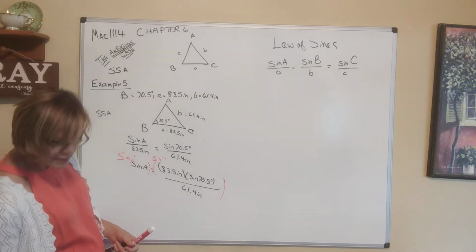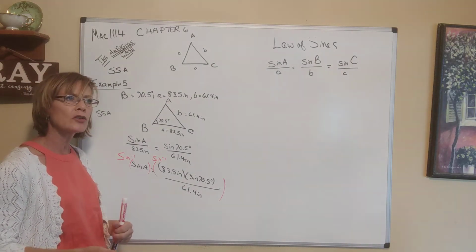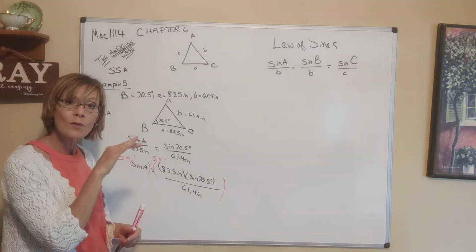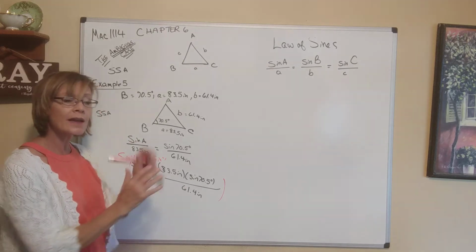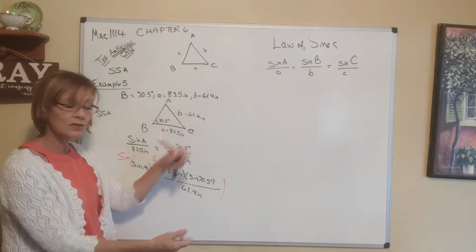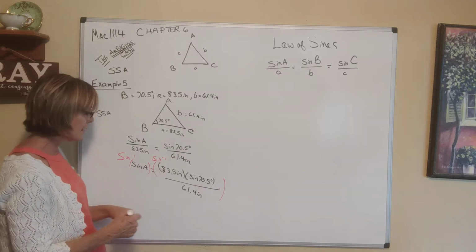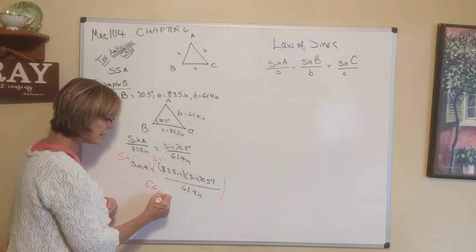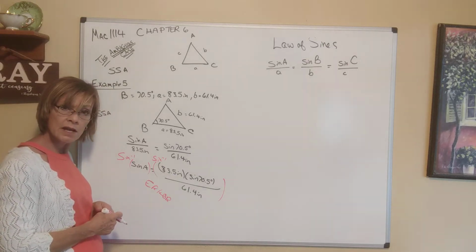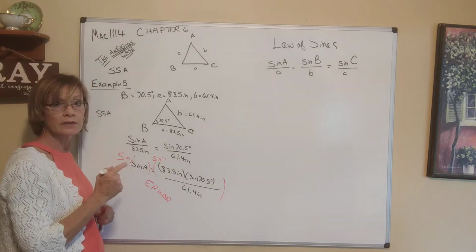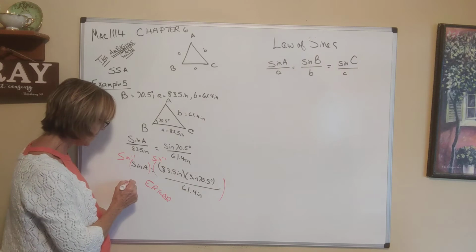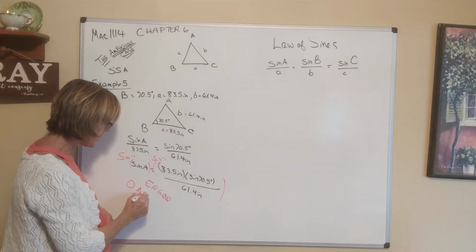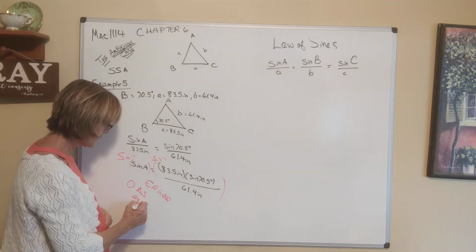If I try to take the inverse sine of a value greater than 1, or less than -1, that is outside the range of a sine function, I will get error every time. When I get error, this is telling me there is not even one triangle that can be formed. In this case, 0 triangles exist.